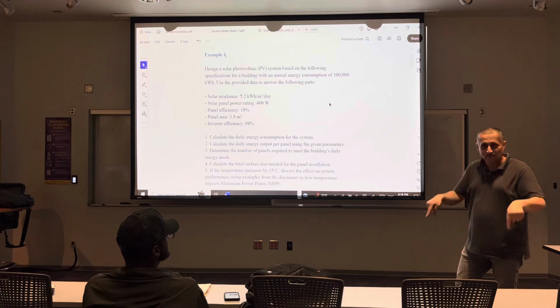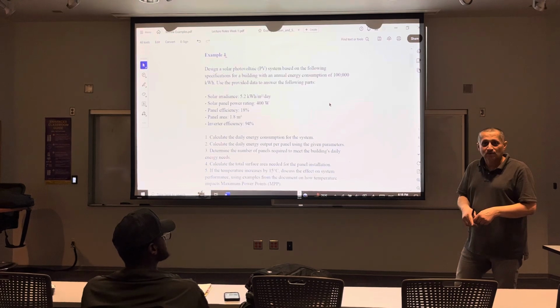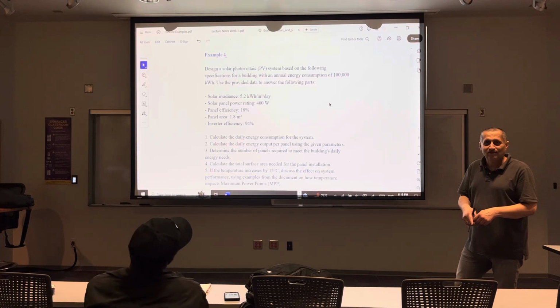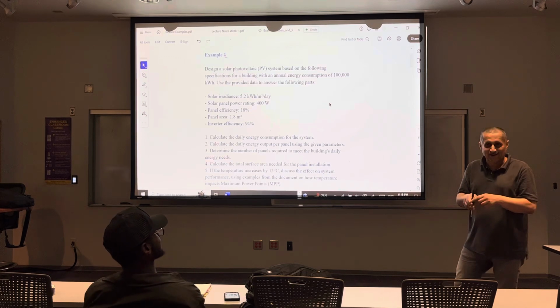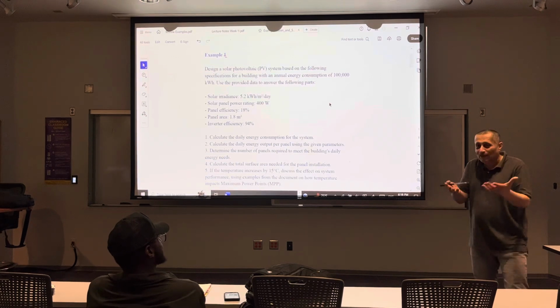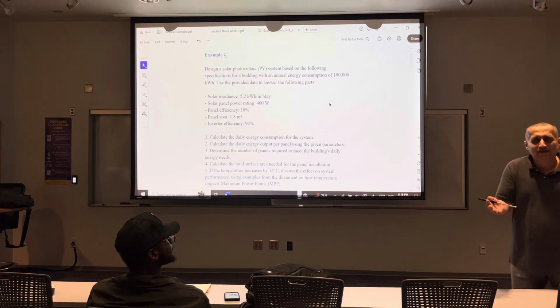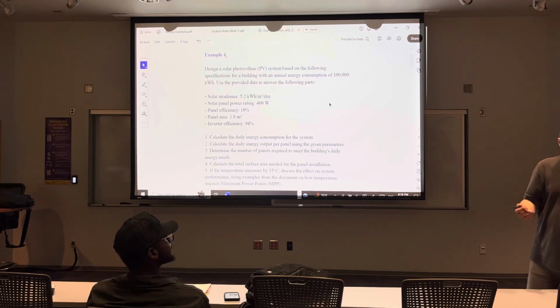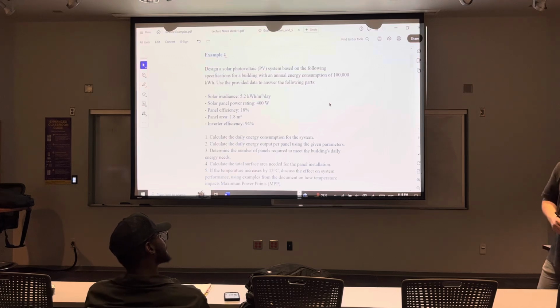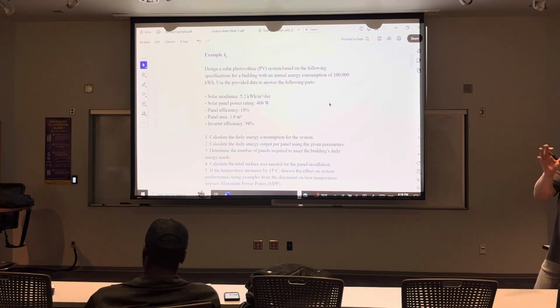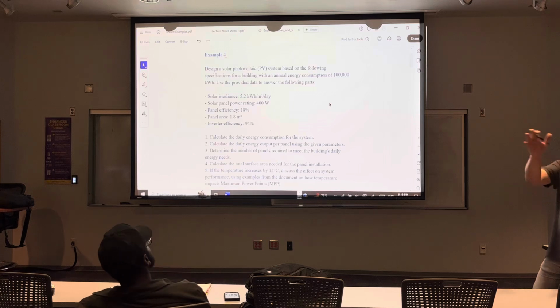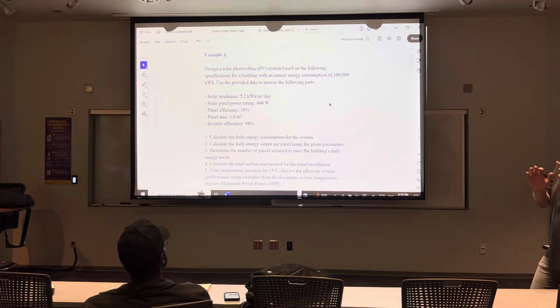Oh, why? 100 meters square? One means one panel. 1 meter is okay, 1.2 meters is okay, but 100 meters? 10 meters times 10 meters is too big. Because this is a design, you can solve it any way you see as a practical solution.